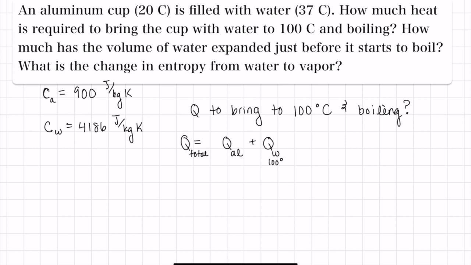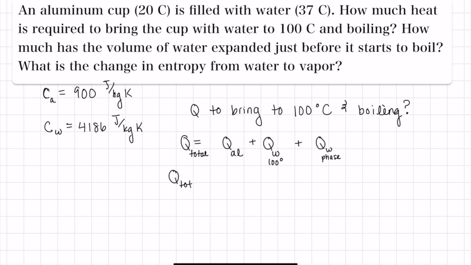Then we'll have the amount of heat needed for the phase change of the water. I'm just writing little notes to myself of what each of those heats stand for. Then we can plug in the appropriate expression for Q.